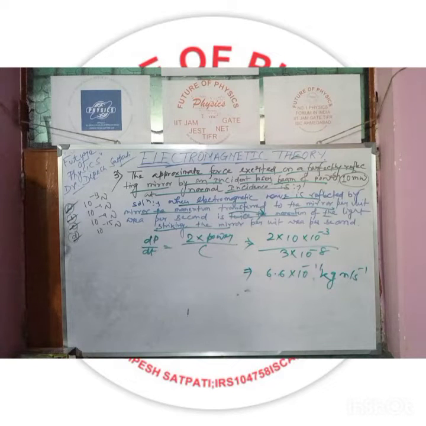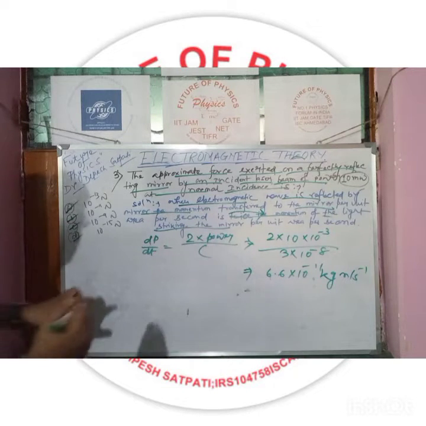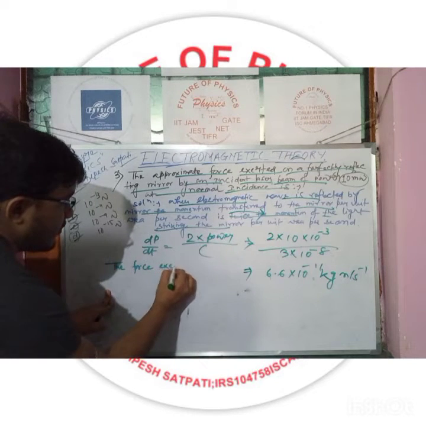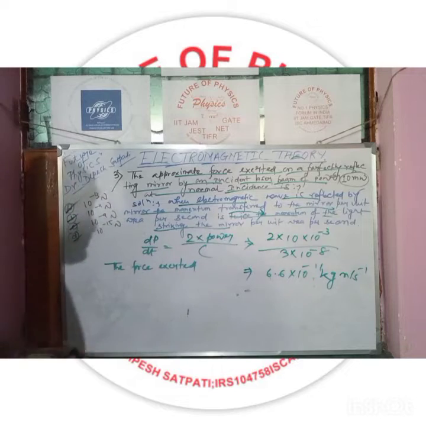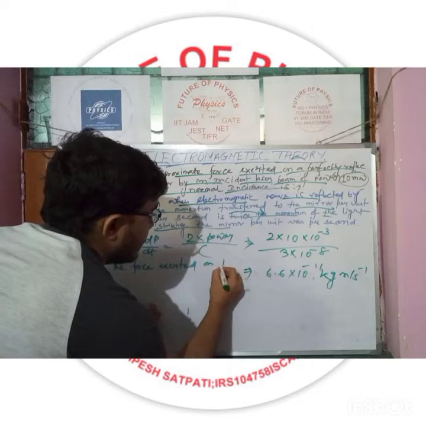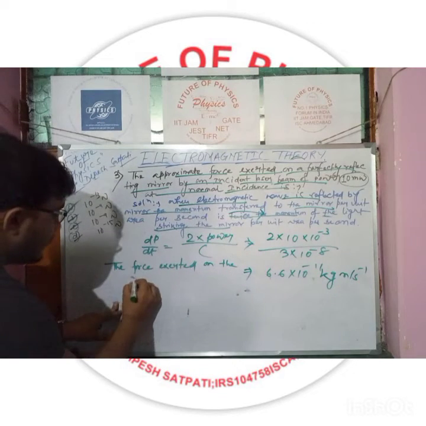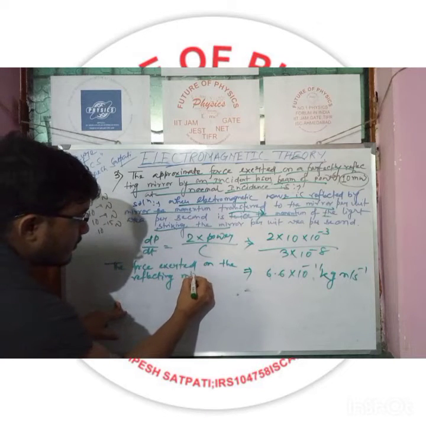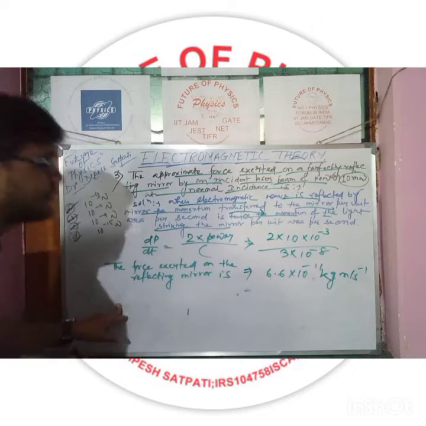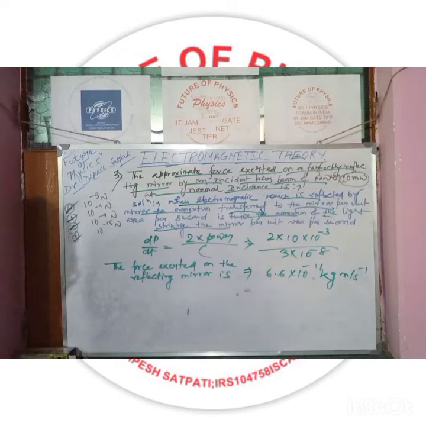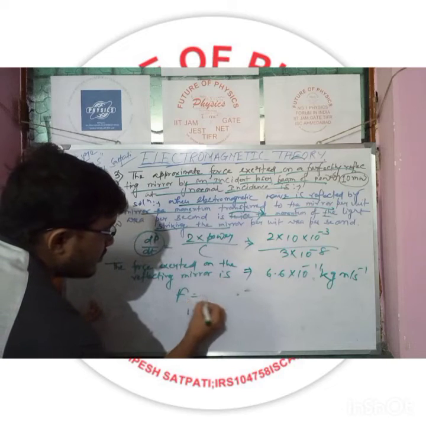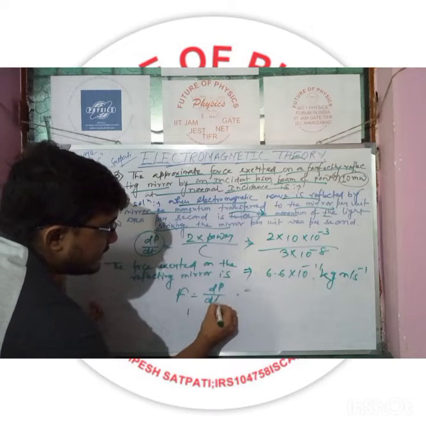Now the force exerted on the reflecting mirror is F equal to dp by dt.